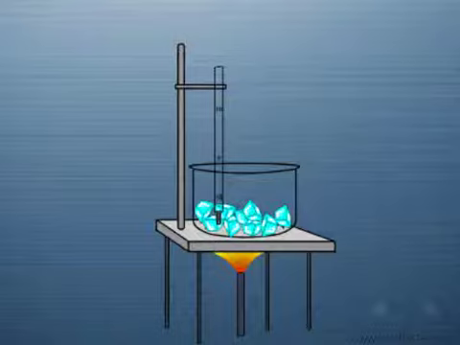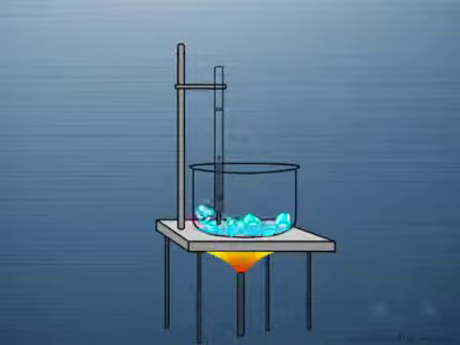We take some ice cubes in a beaker and we heat it. There's a thermometer to check the melting point of ice. That is the temperature at which the solid ice changes into liquid water. So let's see. As we heat it, the temperature rises from minus 10 degrees Celsius to 0 degrees Celsius.